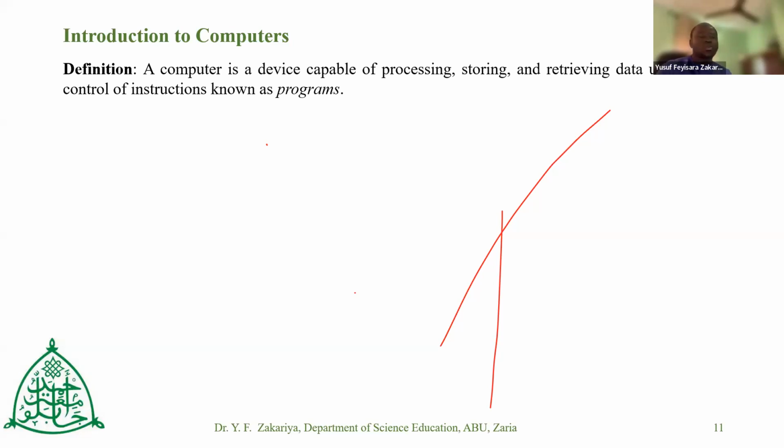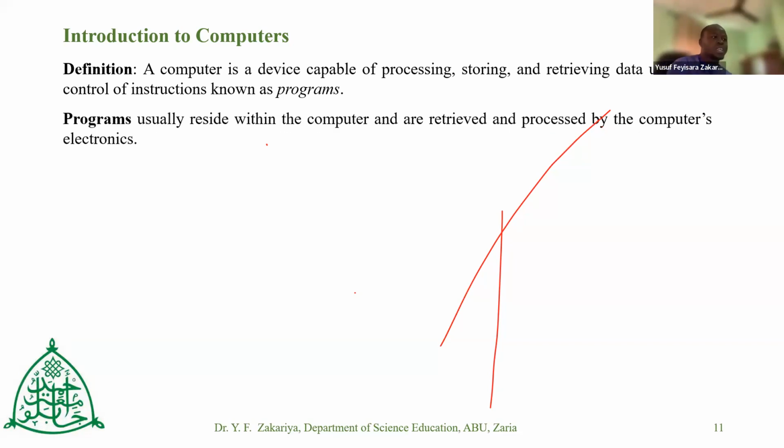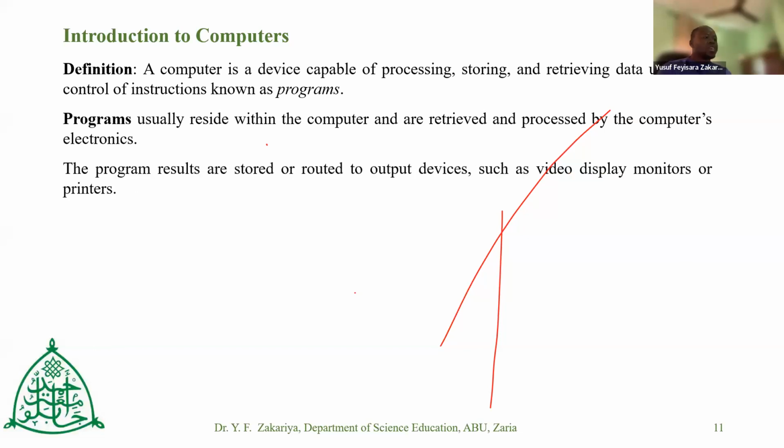So computers work under instructions, and the set of instructions under which a computer processes, stores, and retrieves data is what we call programs. I also have a better definition for program. Usually it resides within the computer and is retrieved and processed by computer electronics. The program results are stored or routed to output devices, such as the video display monitors or the printers.